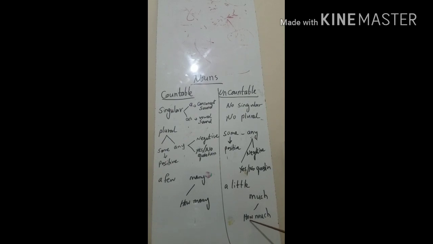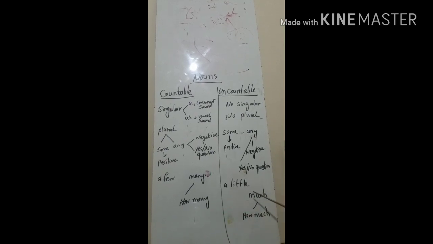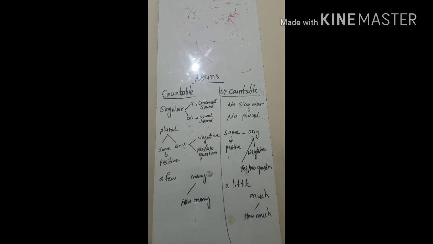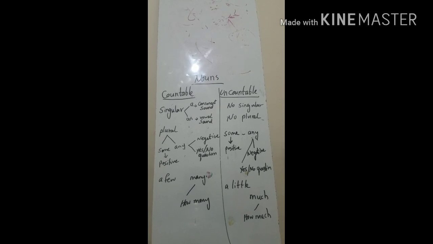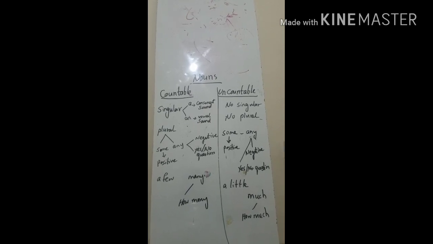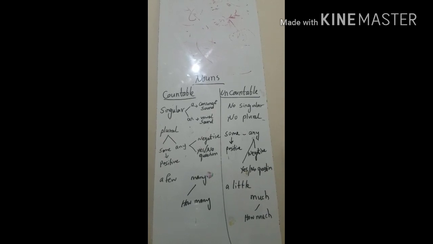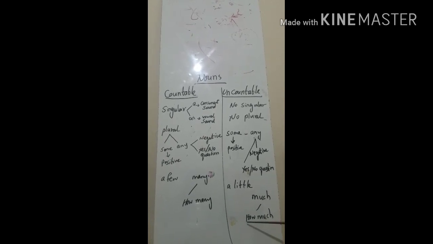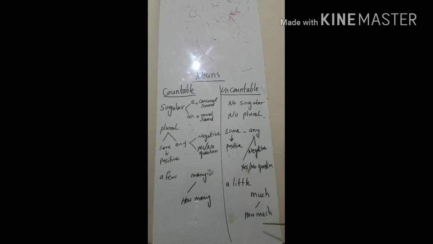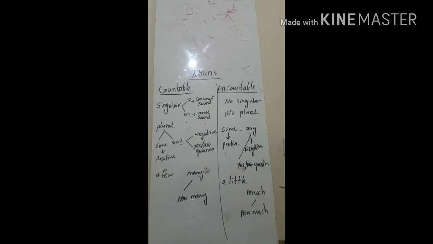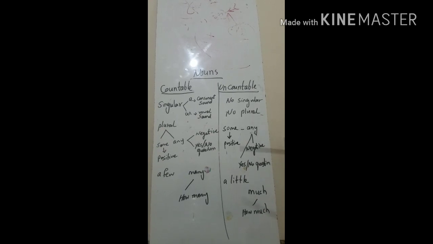I can also use how many with uncountable, but I will not directly use the word uncountable. I will use expressions like kilo, liter, carton, can, gallon, bar, box, bucket. Like when I say how much cheese do you want, I can say how many kilos of cheese do you want. So this is about nouns.